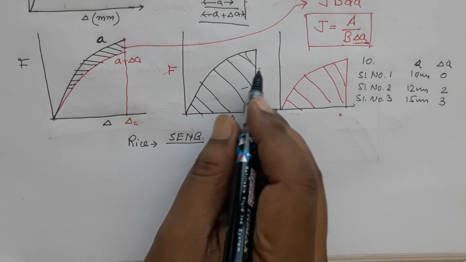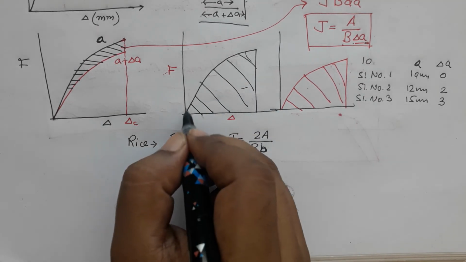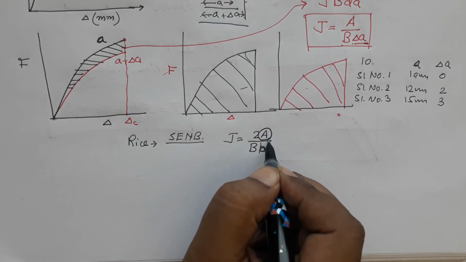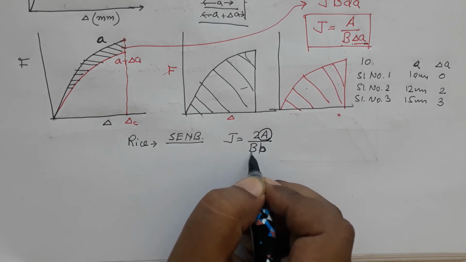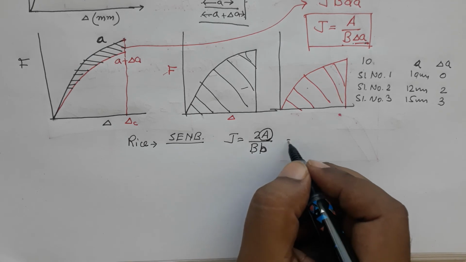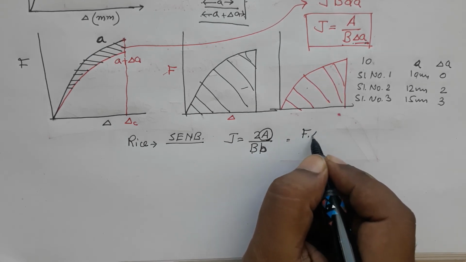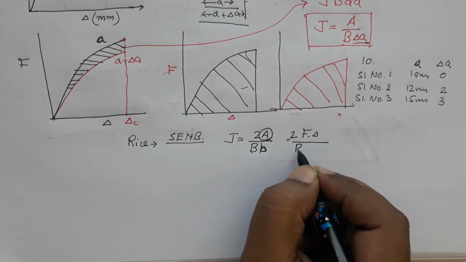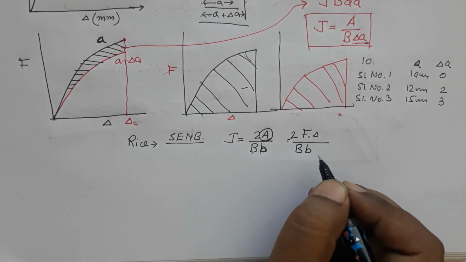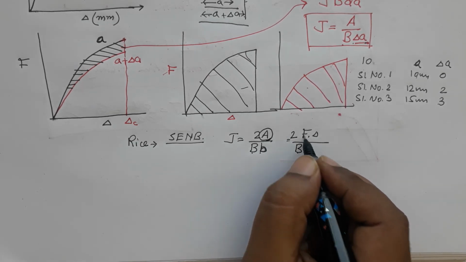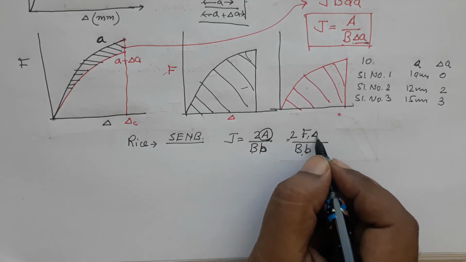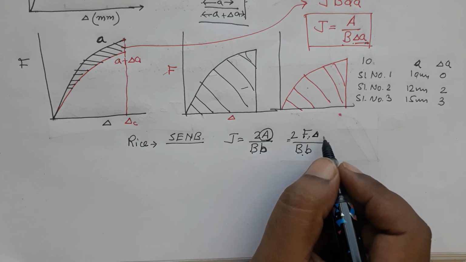So, you get this curve, and then you know the area under the curve. That area under the curve is A, B is the thickness, right. So, area under the curve is what? Force into displacement divided by B into B. So, B into B is area, force divided by area is stress, stress into the displacement, right.